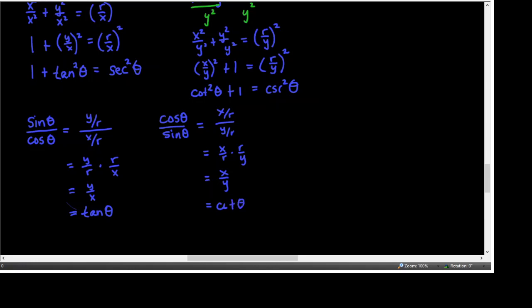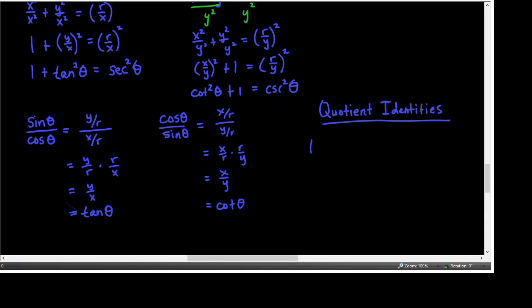So this pair of identities are called quotient identities. I will sometimes call them ratio identities because that's the name I learned when I first learned these. So if I accidentally say ratio identities, you'll understand that I mean these quotient identities.